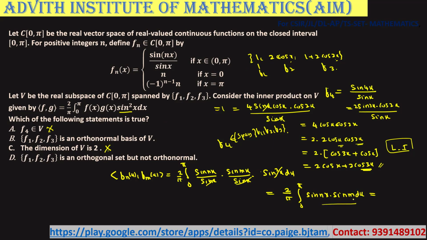Integral of sin nx into sin mx dx is equal to pi by 2 if m is equal to n and equal to 0 if m is not equal to n, sir.